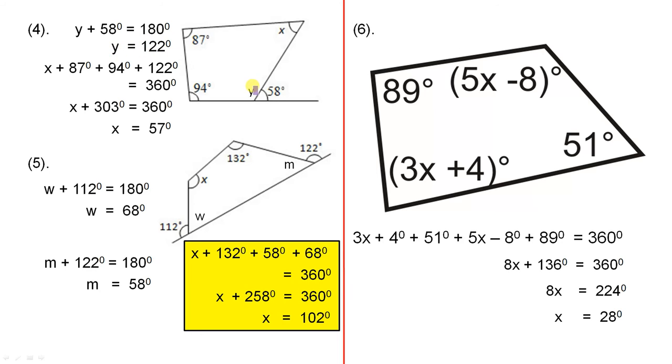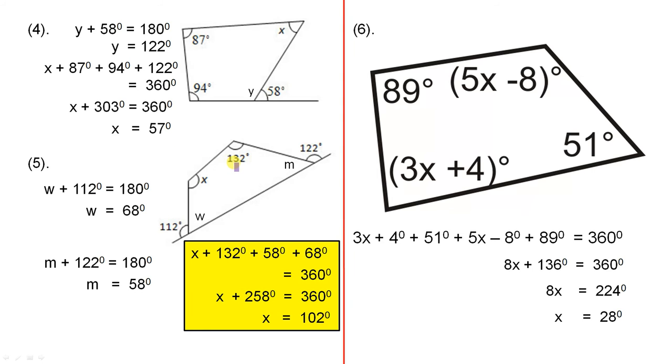So if that's 122, you just add x plus 87 plus 94 plus 122, which gives us 360. When you collect the like terms, we get that equation, and don't forget to subtract 303 from both sides, which gives us x is 57.